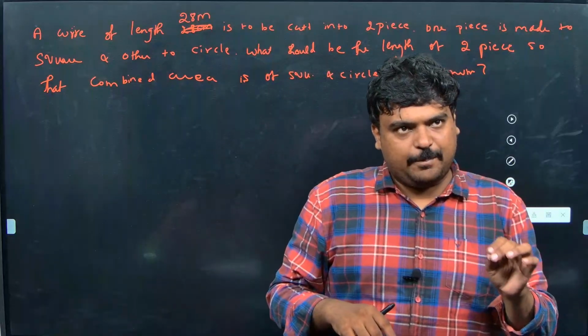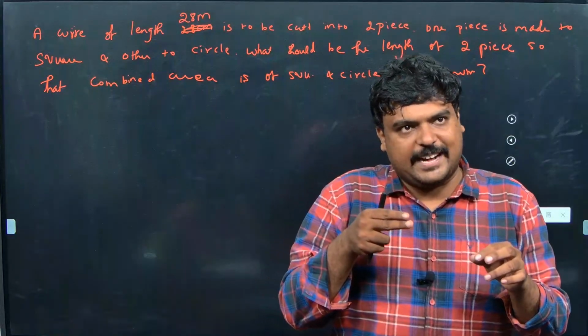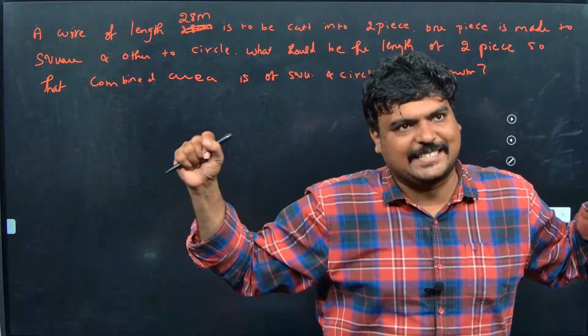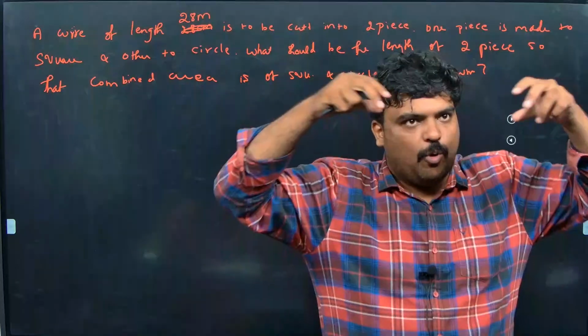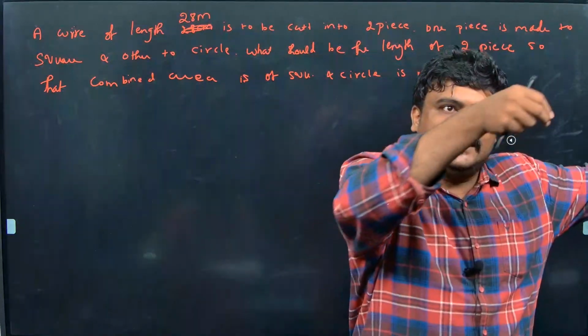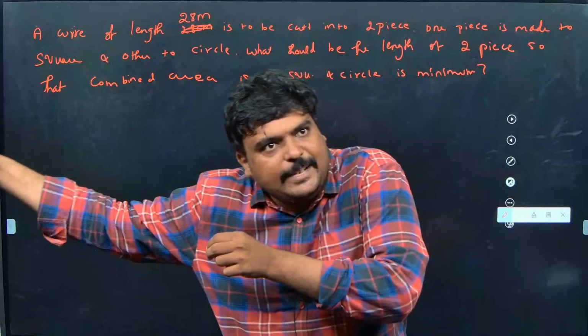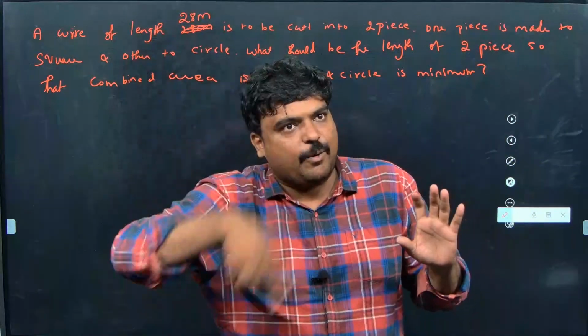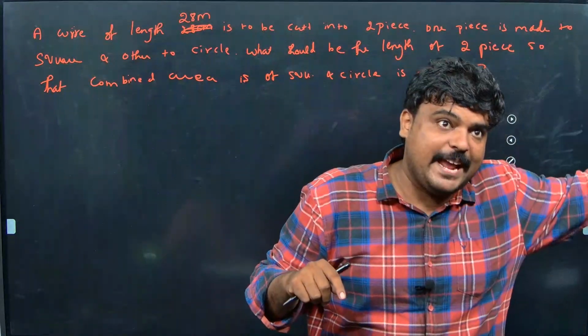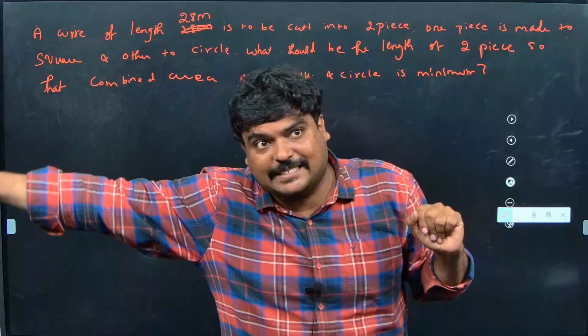Now what I am supposed to say is, I cut at a place x. One distance will be x, another distance will be 28 minus x, because the total length of the wire is 28. From one part I will make a square, from the other part a circle, correct?